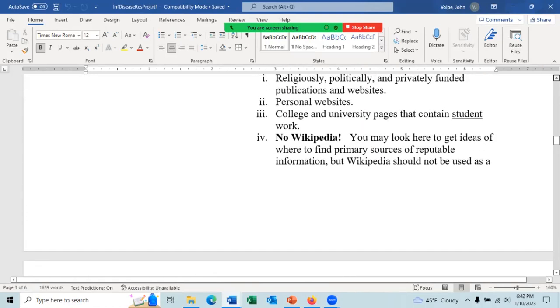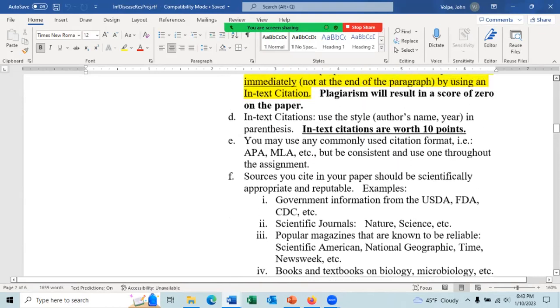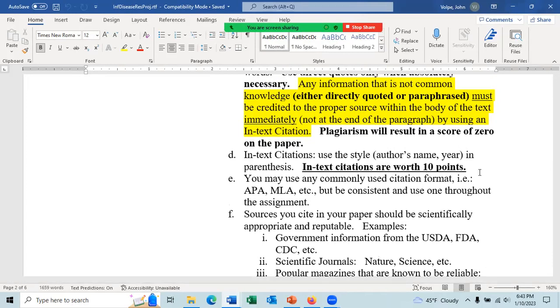Let me talk briefly about the in-text citation since I mentioned it. An in-text citation will be worth 10 points. In the in-text citation, you should put after a fact, which is not commonly known, the author's name and the year in parentheses. And it's usually just the author's last name and the year.